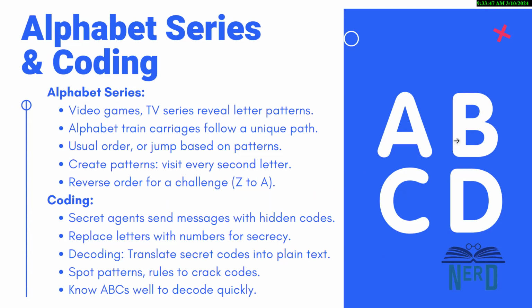First, what is alphabet series and coding? Okay, imagine you're trying to crack the code of a secret message where the pattern of letters is like the steps of a dance move that repeats itself. You have got a bunch of small letters dancing in a line, doing their thing and following a beat.